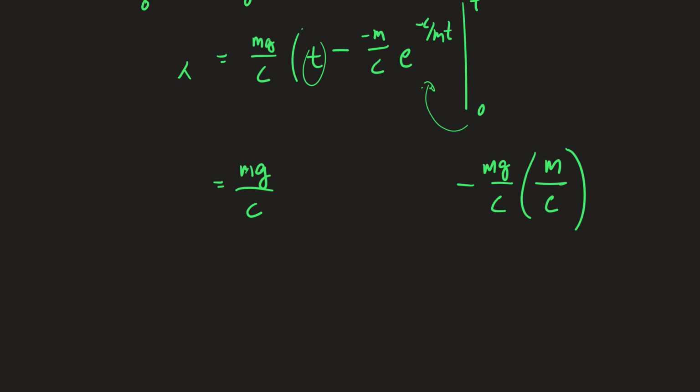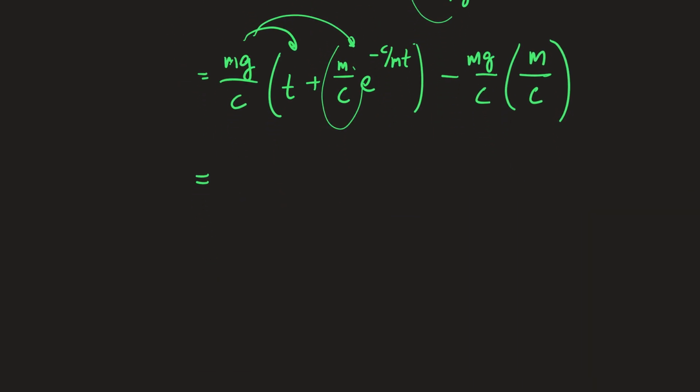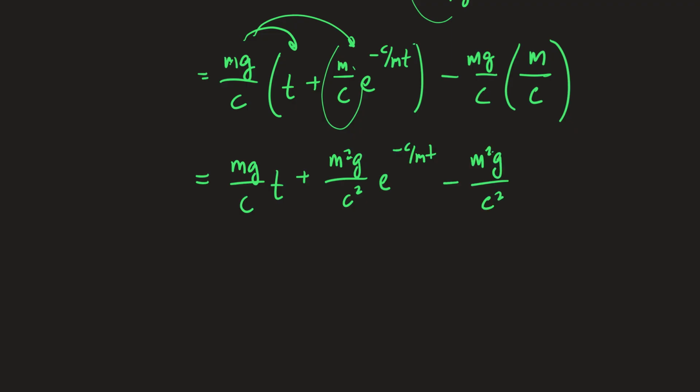I'm going to disrupt this a little bit, because I will notice that if I distribute, I will get the same term here and here. So I'll demonstrate. After distribution, I'll have mg over c times t plus m squared g over c squared e to the negative c over m t minus m squared g over c squared.